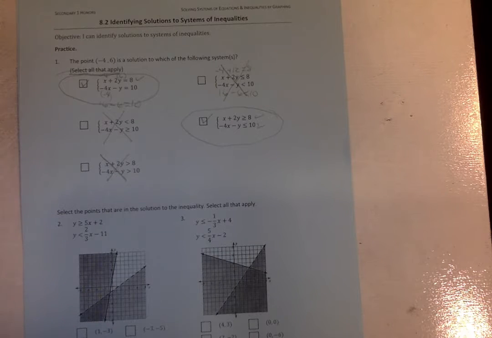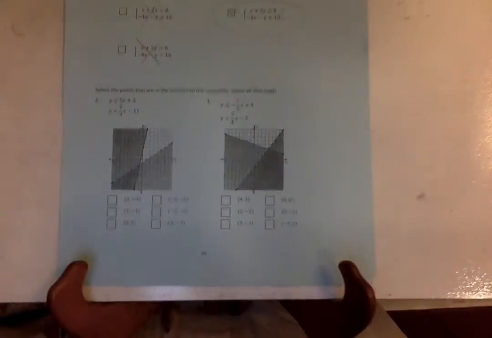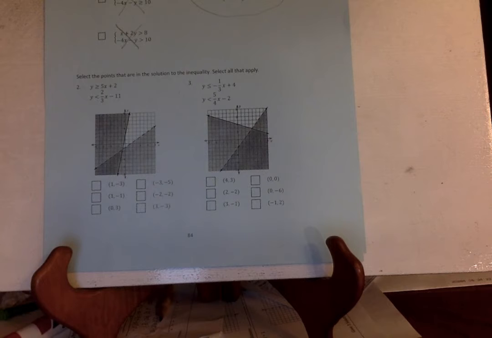And it says select the points that are in the solution to the inequality. Select all that apply. Okay? Next, I am going to move this down so that you could see it better.